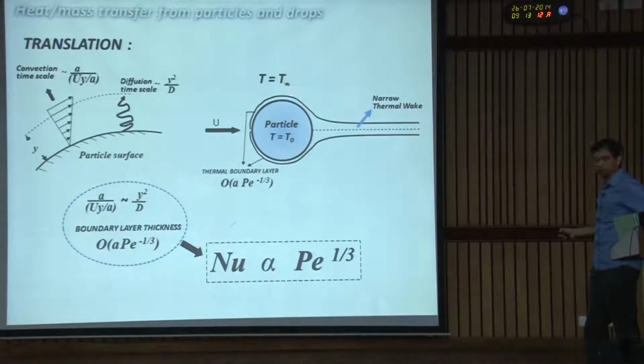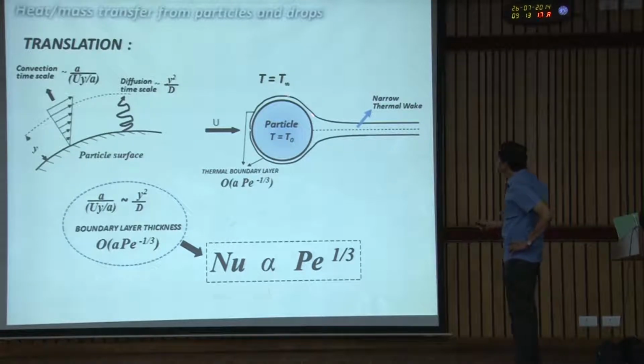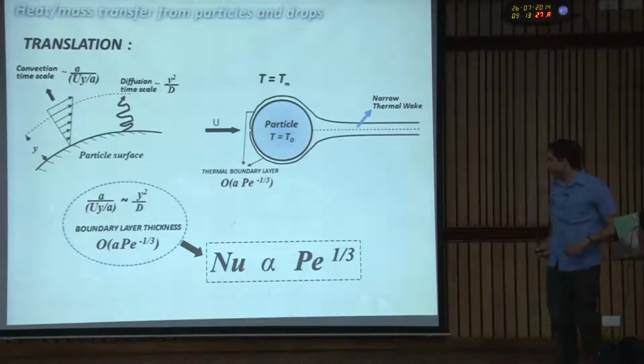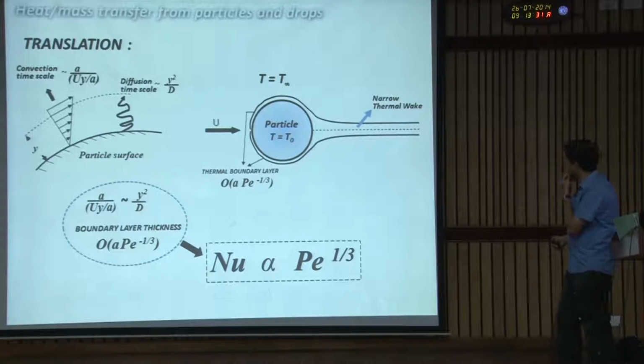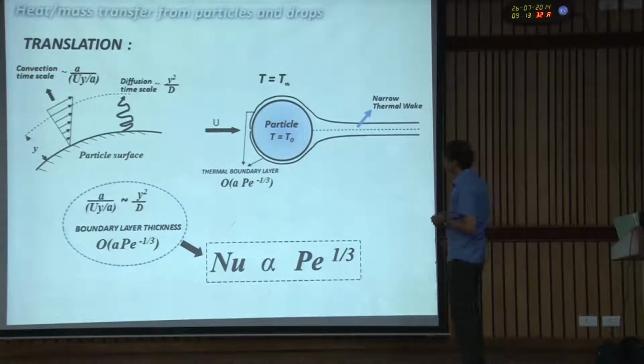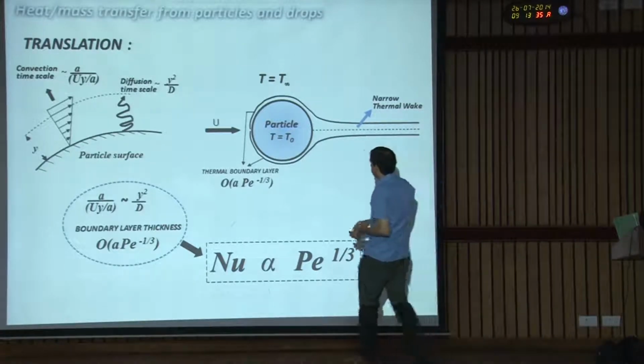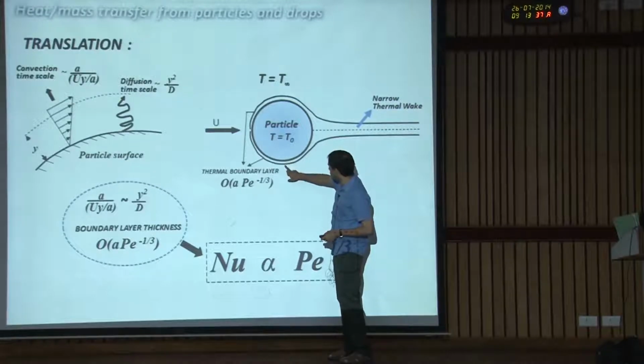There is no notion of separation here, and therefore the dominant heat transfer all occurs in the attached boundary layer, in the thermal boundary layer, which occupies almost the entire particle for the large Peclet limit. So I just need to do a boundary layer analysis here, and you can see that the heat transport is going to be very large because now the temperature drops from T naught to T infinity over the thickness of the boundary layer.